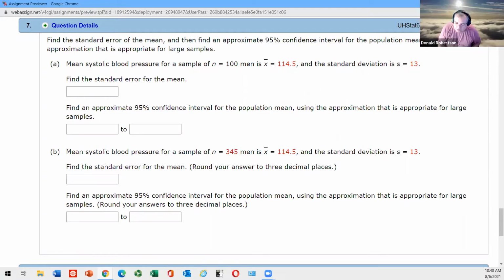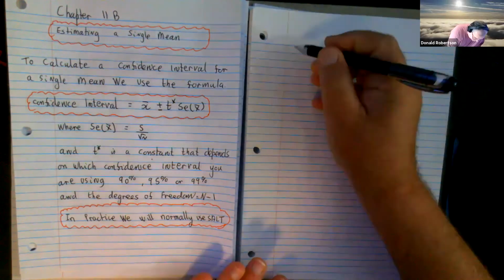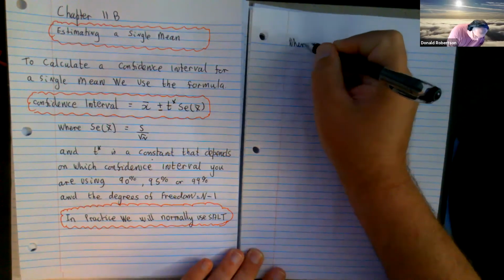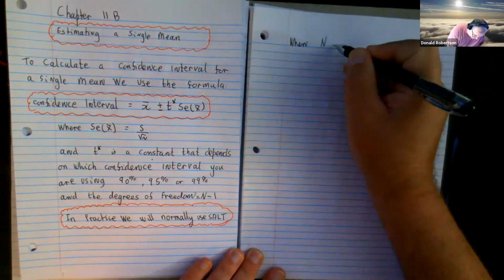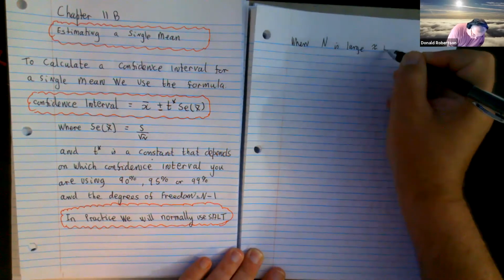So when you look at the situation that we're talking about, these T distribution things, there are some interesting properties. When n is large, what the heck does that mean? It roughly means if it's more than 1,000.